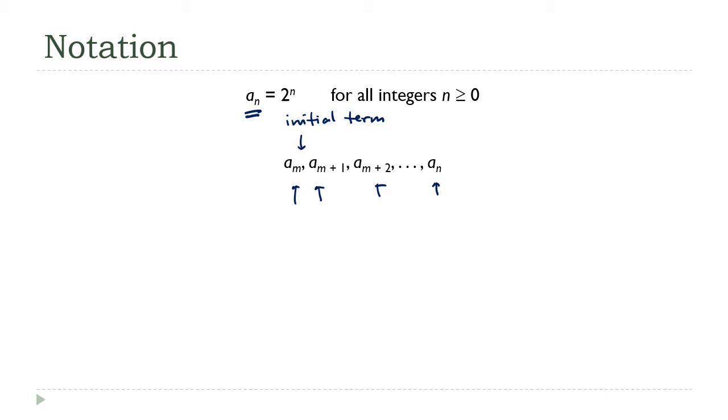And the last one is the final term, or again, sometimes you'll see it called the final value. Now, keep in mind that that final term might not exist. That was the second case in our definition, where there wasn't an upper bound. In that case, we would have an infinite sequence, and we would note that just by leaving that final term off and ending the sequence with ellipses.